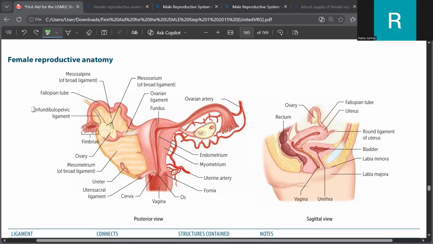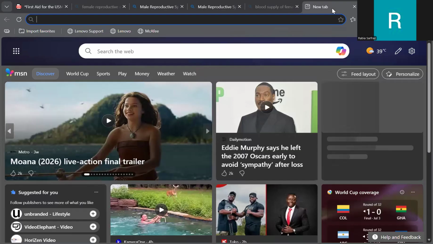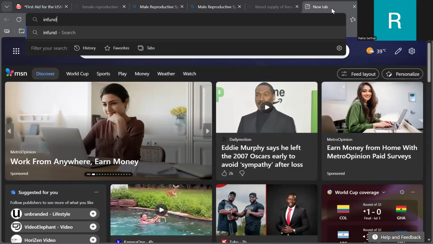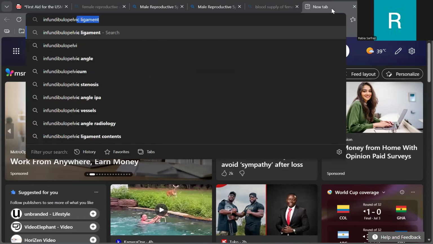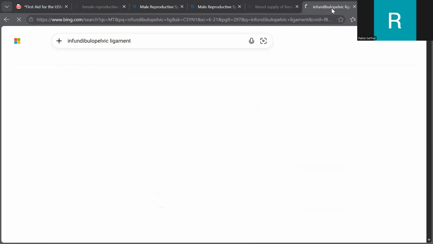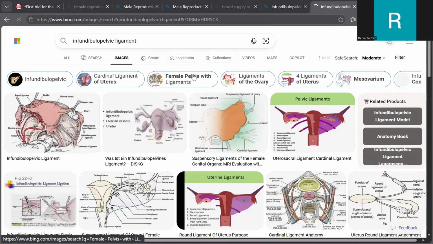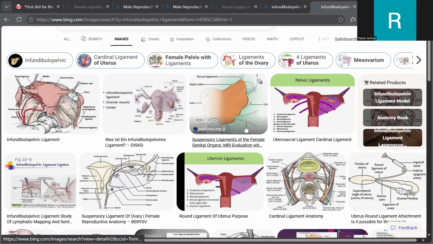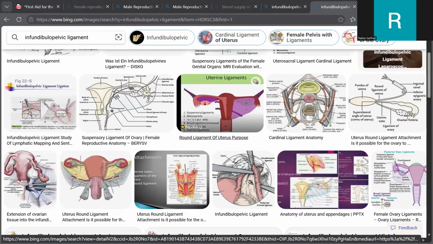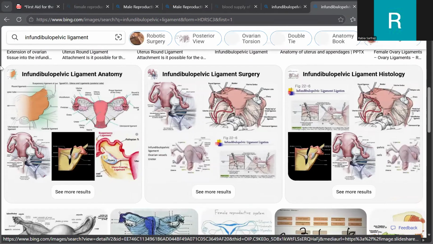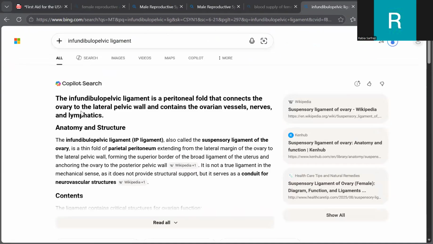Let's search what the infundibulopelvic ligament is. Peritoneal fold that connects the ovary to lateral pelvic wall and contains the ovarian vessels, nerves, and lymphatics.